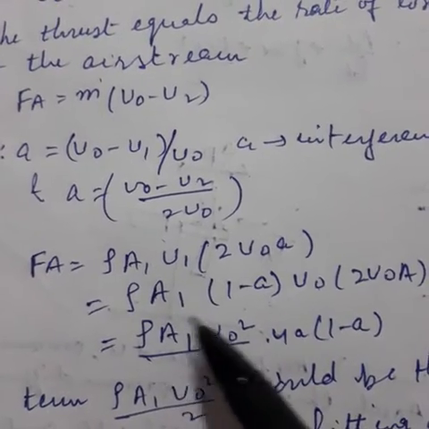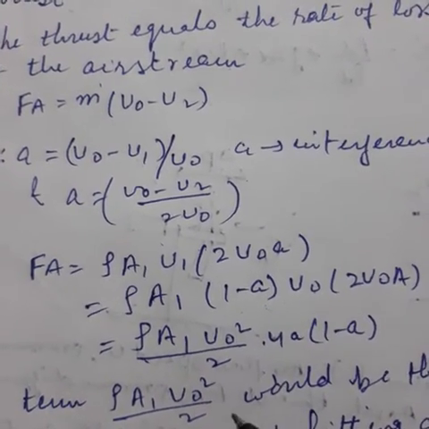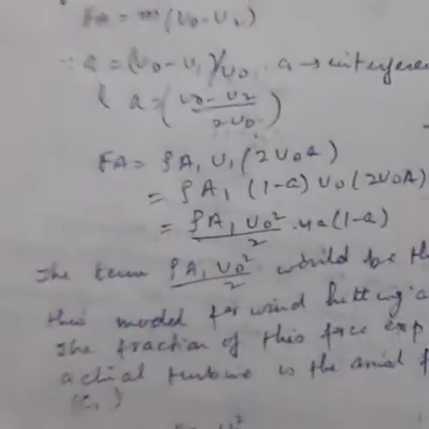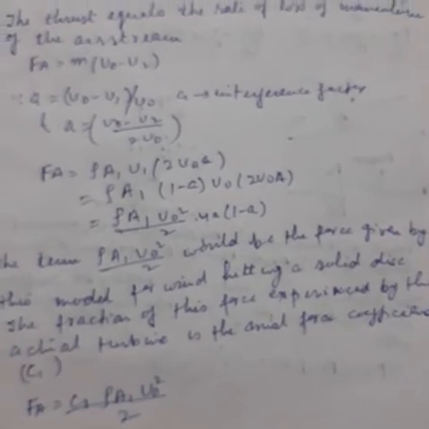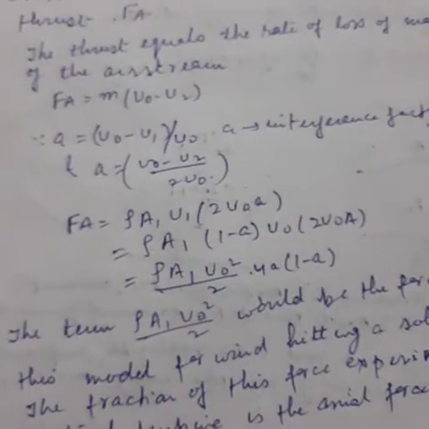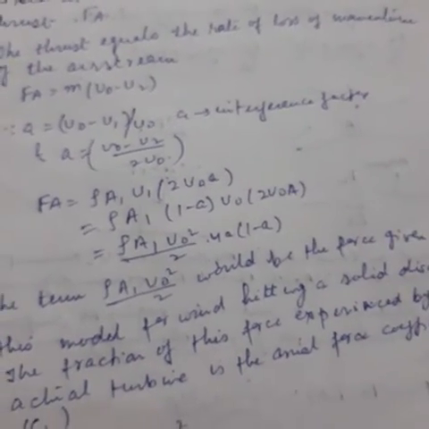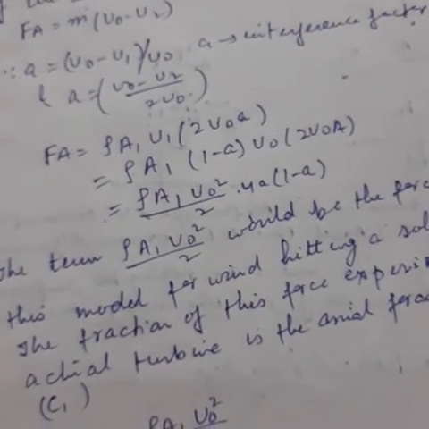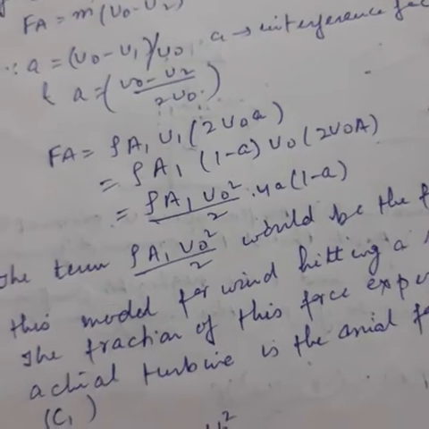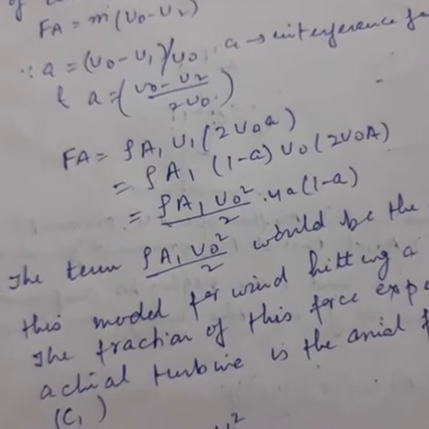So this term, rho A1 u0 square by 2, would be the force given by this model for wind hitting a solid disk. So the total force that is to be calculated depends upon the density of air and the inlet velocity square divided by 2.